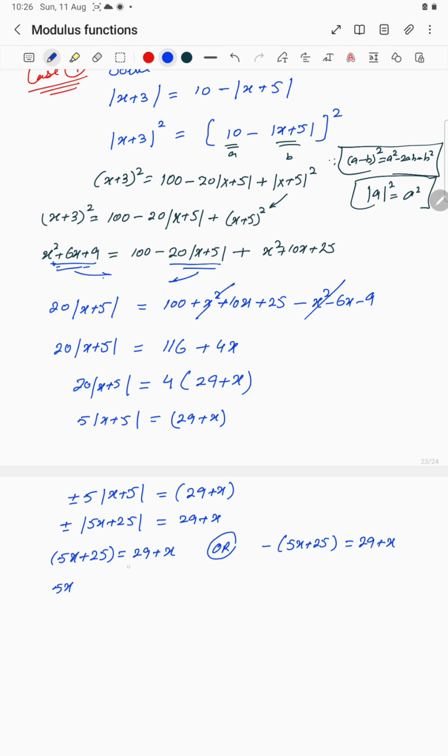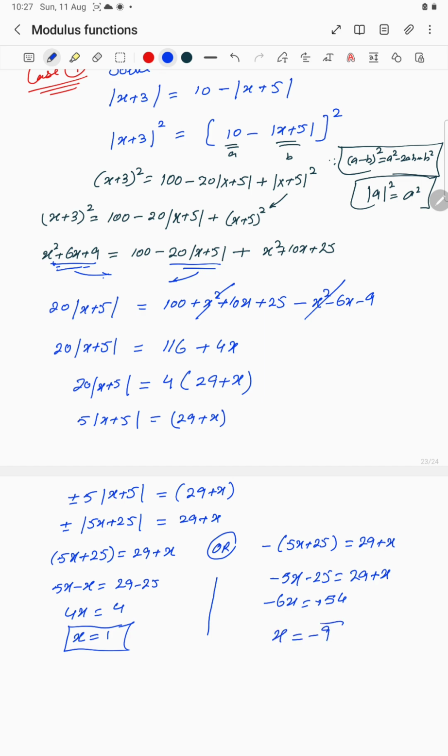So 5x, taking x to one side, 29 minus 25, we get 4x equal to 4, so x comes to be 1. And the second option, minus 5x minus 25 equal to 29 plus x, so minus 6x is equal to 54, that is 29 plus 25, so x will be minus 9.